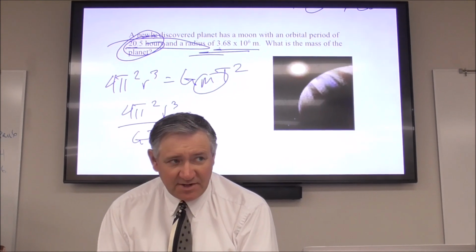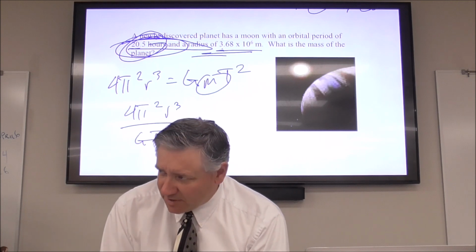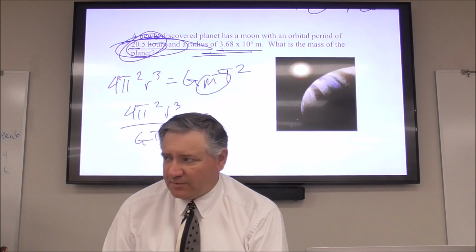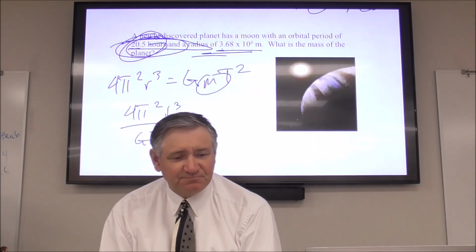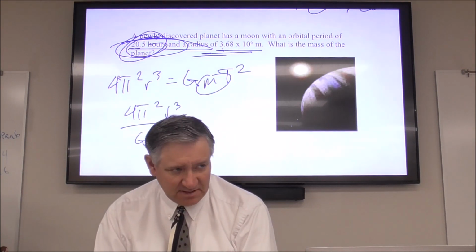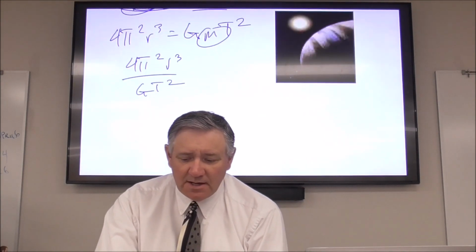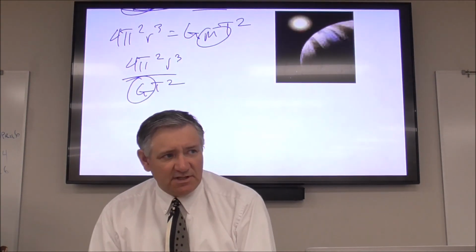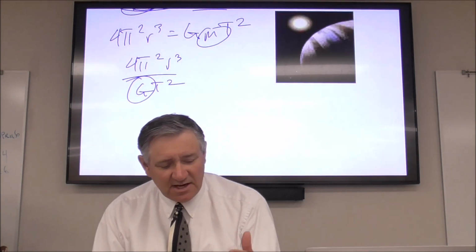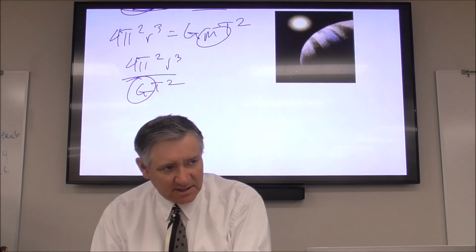Here's what you have to be very careful of. That 20.5 hours is going to be your downfall, because you're going to see that and go, oh, there's my period, I'll put 20.5 hours. You're going to leave it in hours, and you're going to get an answer that makes absolutely no sense. I beg of you: anytime you see big G in any of these calculations, it has to be the MKS system, meters, kilograms, and seconds.